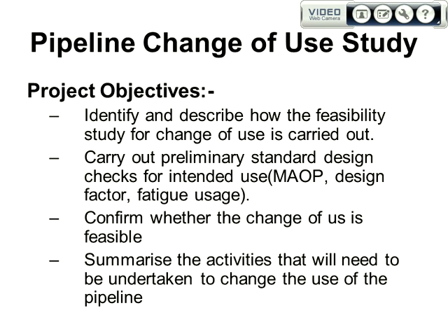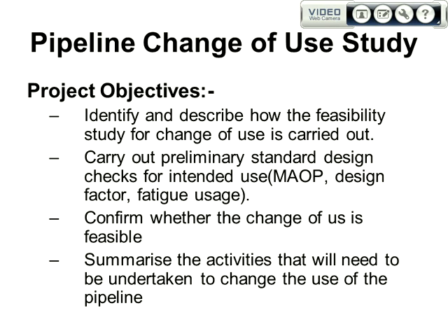All right? Then there are some standard preliminary design checks which you must do and you must get right. You've got to select the maximum operating pressure. Having selected that, you've then got to calculate the design factor, and you've got to calculate the fatigue usage based on the pressure cycling that we've just talked about.